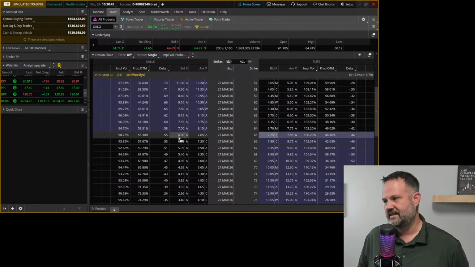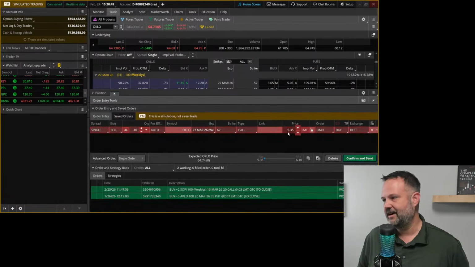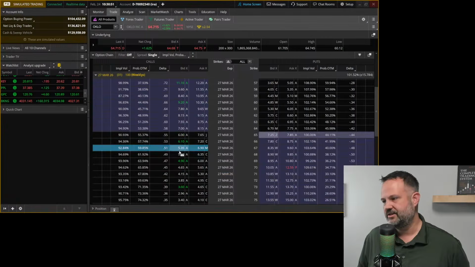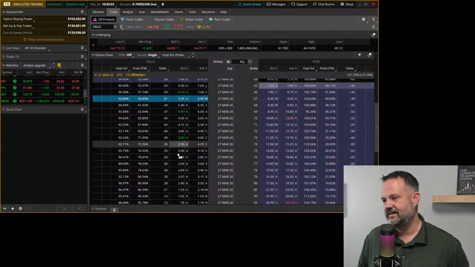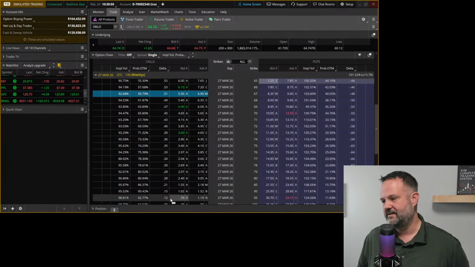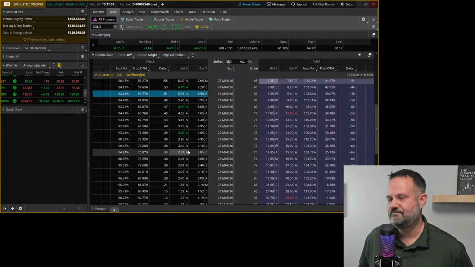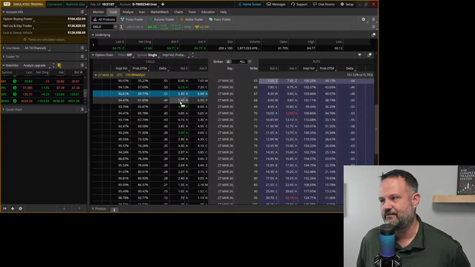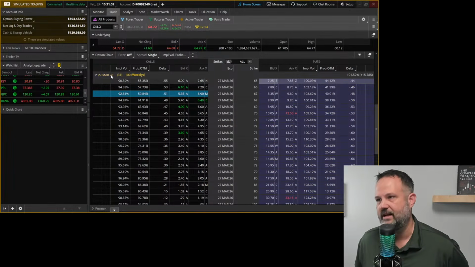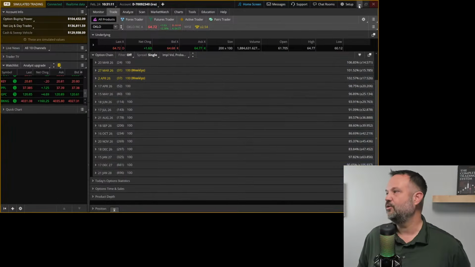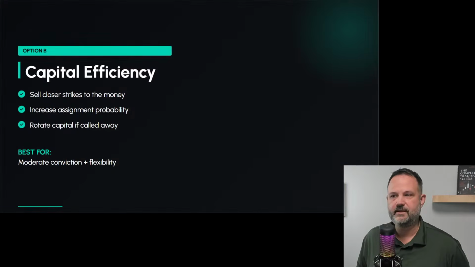Currently, if we sell right at the money, we make $535 versus a higher probability, like closer to our break-even point, which is 95.79. It's impossible for us to lose out, but here, at 540, we're getting our capital back right away, right? So then if you get called away, you still made some more premium, right?